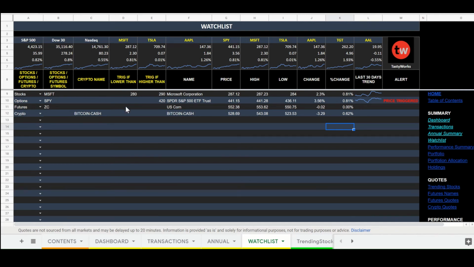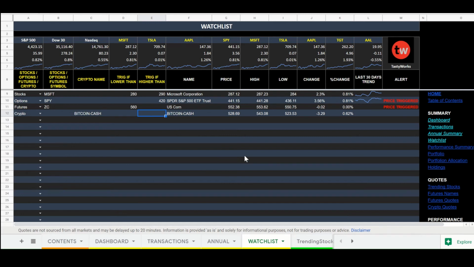So let's say US corn. Currently it's 552.38. Let's just pretend we don't know that. So let's say, okay, trigger if it's lower than 560. And it is lower than 560, so the price triggered. So you can set that there.